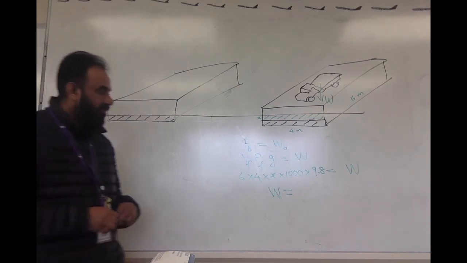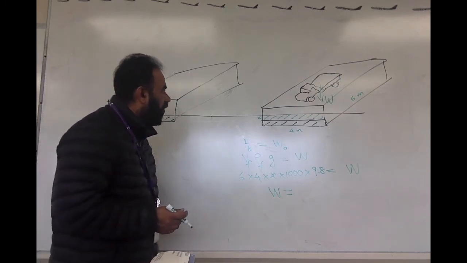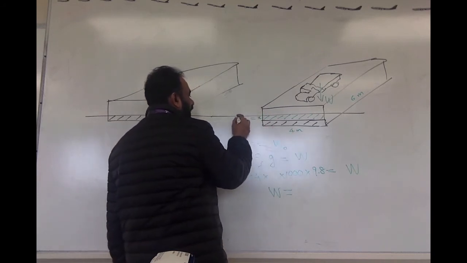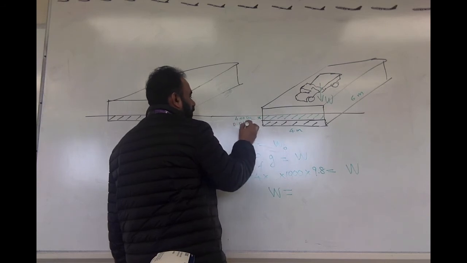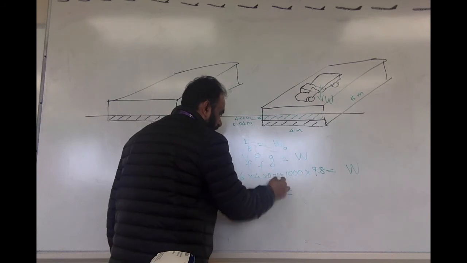And what's the answer? For x, how much is x? It's 4.00 centimeters, which is 0.04 meters. So we have to put 0.04 meters.